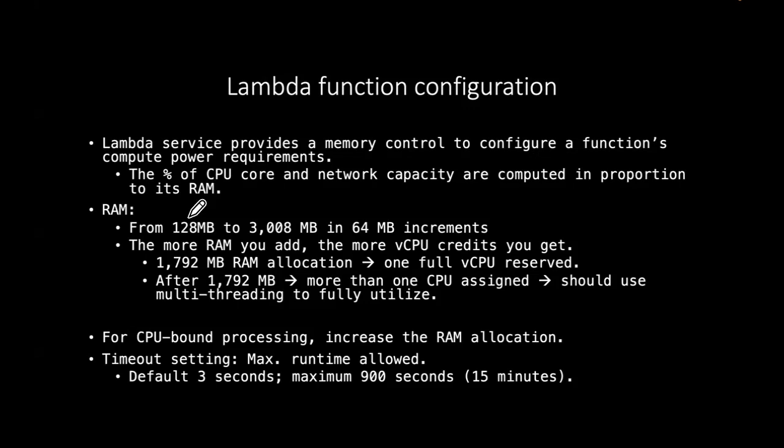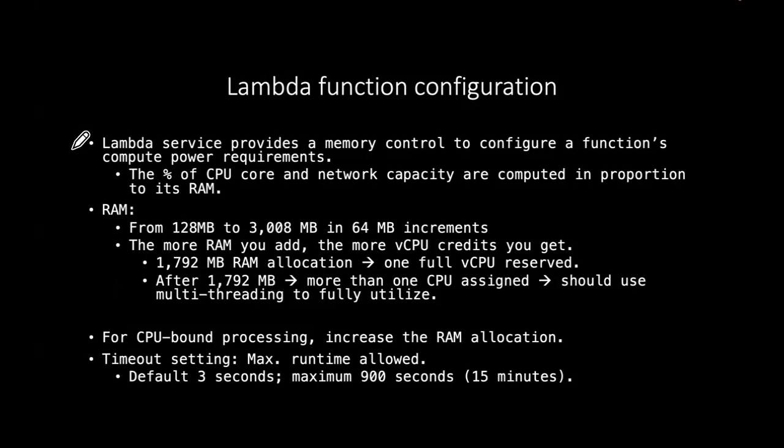Otherwise the function will crash, which is an indicator that it's running out of RAM and you need to reconfigure it. The more RAM you add, the more virtual CPU credits are allocated to your function. There are some simple examples here that you can look at yourself.